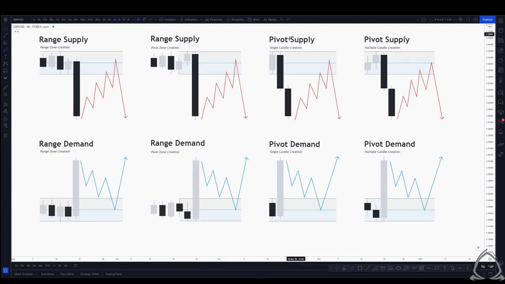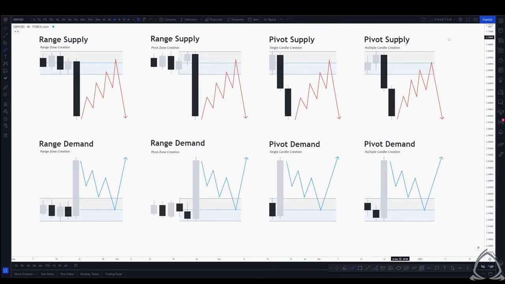But again, when we're coming back to pivot, supply and demand, we have the single candle, which if we're looking at a reversal model would be something like this. There's your pivot, would be that right there. Or if we had a continuation, there's your pivot, and we're just drawing it on that singular candle.